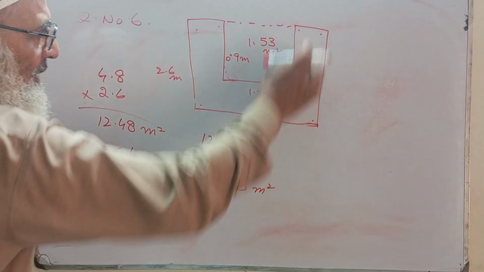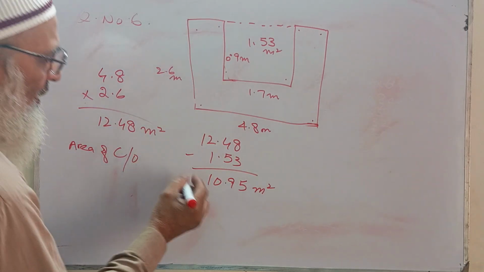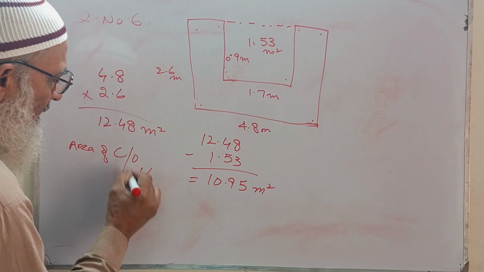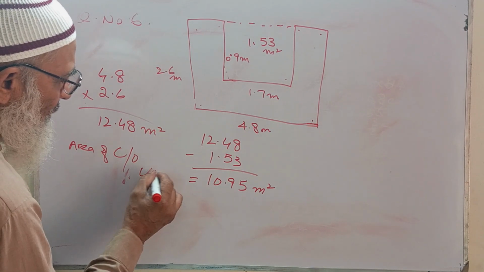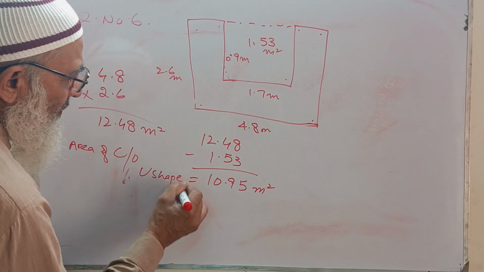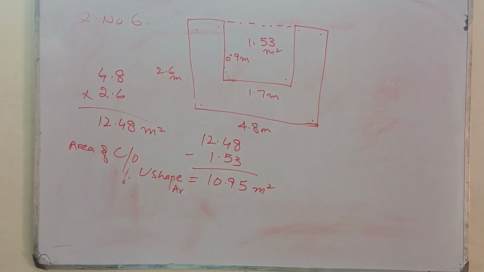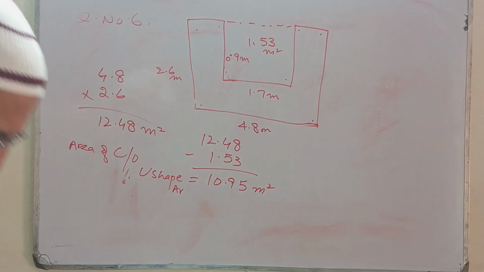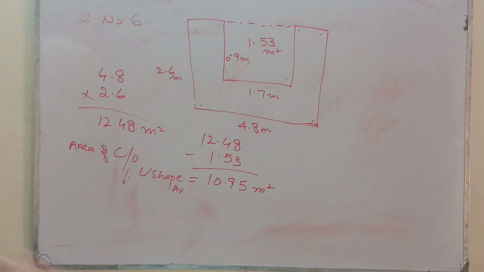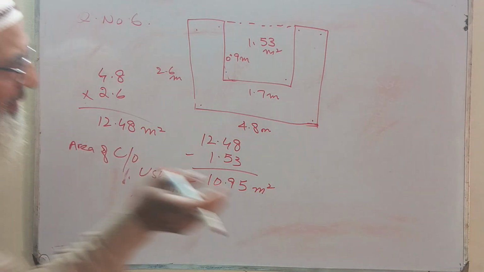Now the U-shape area is equal to 10.95 meters square. What is our other requirement? Remember that this is in meter square.